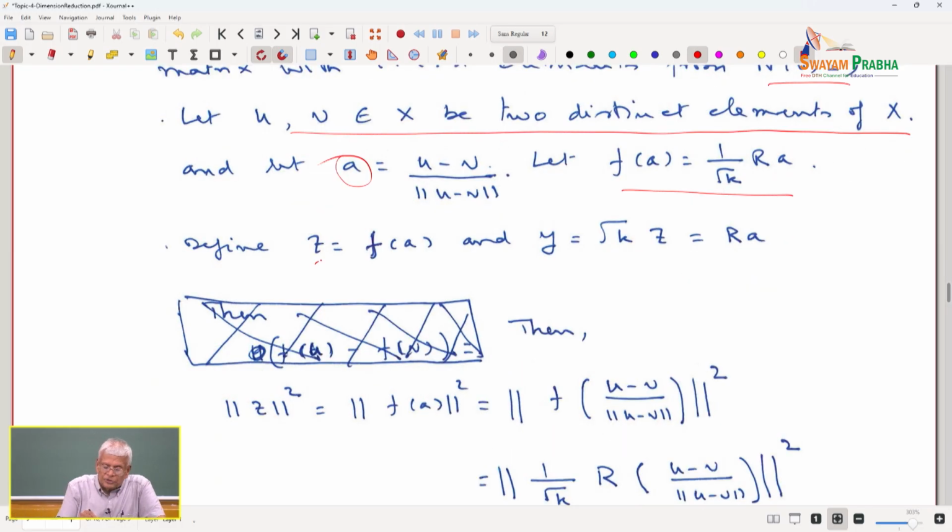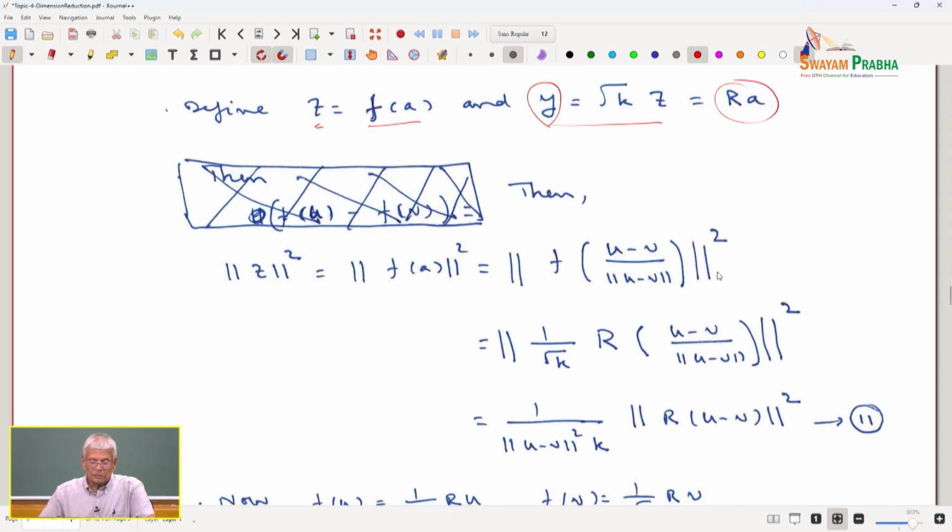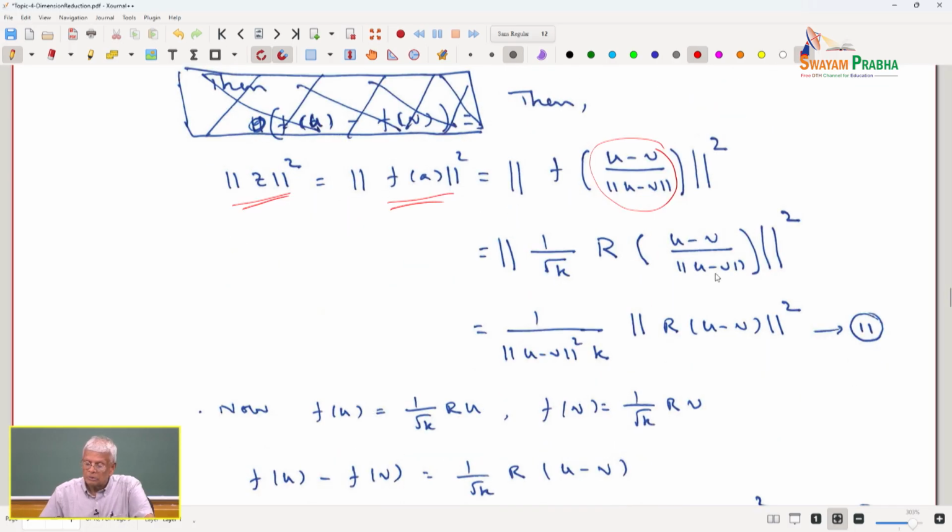So if I call Z the random vector F of A, and Y is equal to square root of k times Z, so Z relates to Y, and Y is RA, which we already know. Then the square of the norm of Z, the square of the norm of F of A, where A is the normalized difference, is equal to 1 over square root of k times R times that.